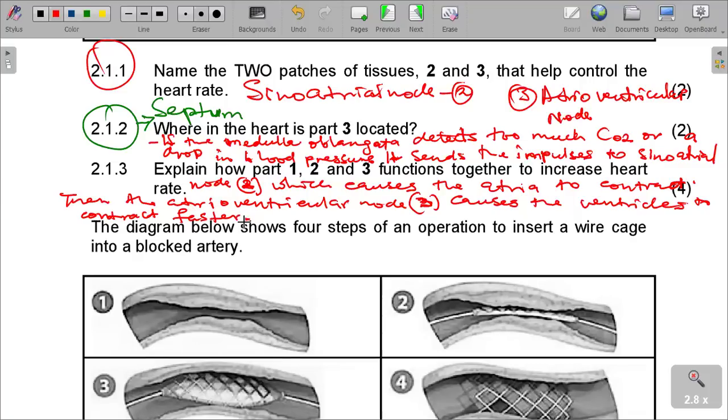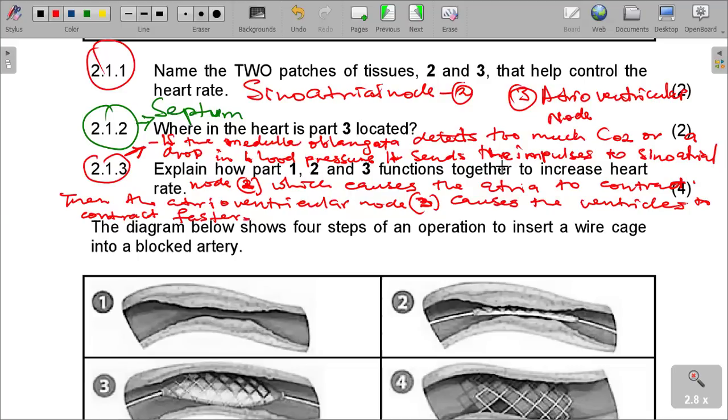That is what you need to understand to explain how parts 1, 2, and 3 function together to increase the heart rate. Check properly, please. If the medulla oblongata or the brain detects too much carbon dioxide or a drop in blood pressure, it sends the impulses to the sinoatrial node, that is 2, which will cause the atria to contract.